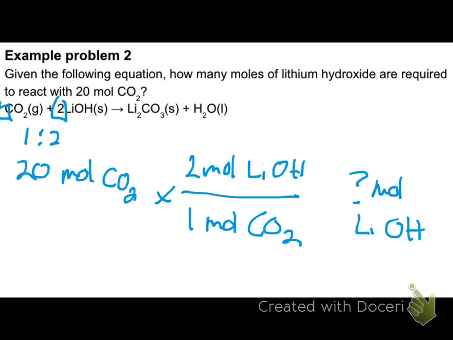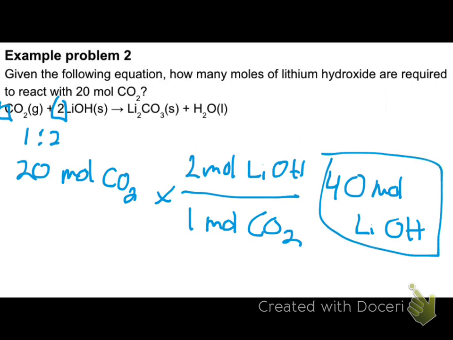So then if we do the math, we can erase our question mark because 20 times 2 comes out to 40. So we should have 40 moles of lithium hydroxide available to begin with if we would like to react it with 20 moles of carbon dioxide.